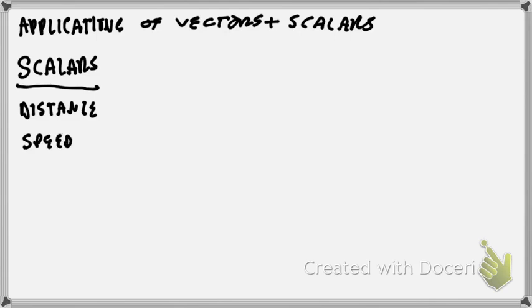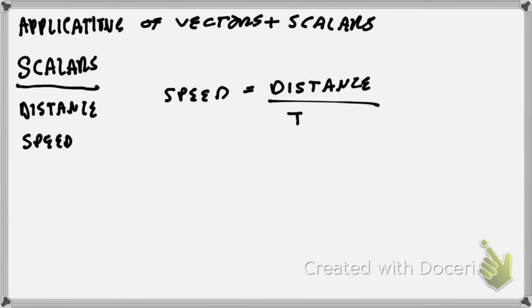Speed is calculated by distance over time. So let's just look at some formulas: speed is distance over time.